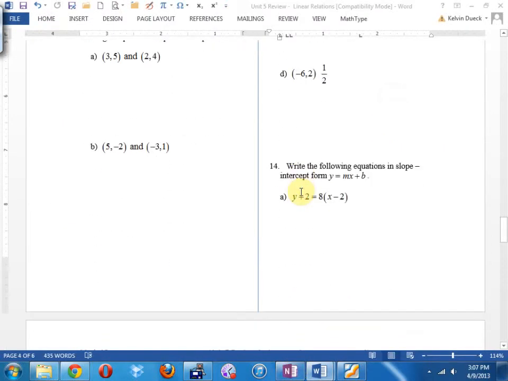I expect you to be able to go from one form to another form. In fact, I expect you to be able to go from any form into any other form. Well, that's a fib. Going into slope point form is tricky if you don't have any points to begin with, so I won't expect that.